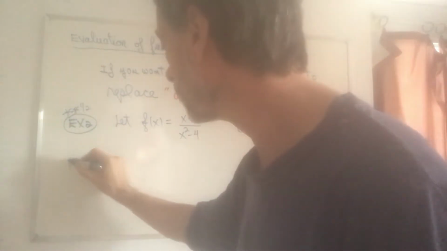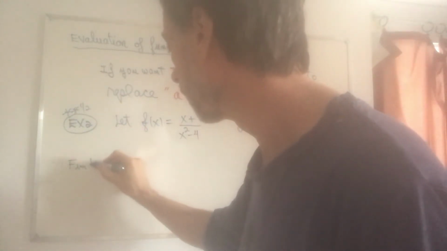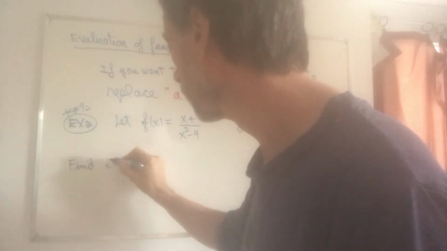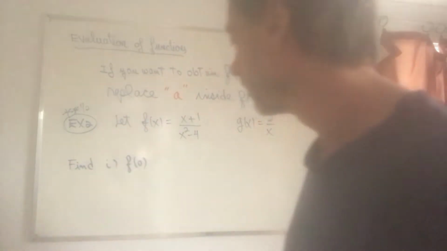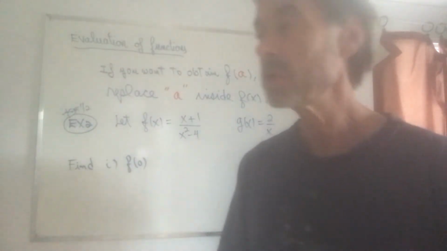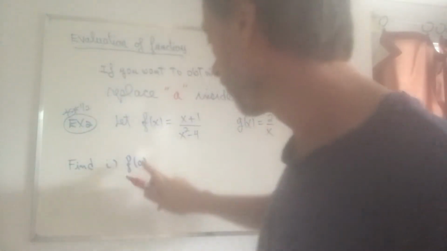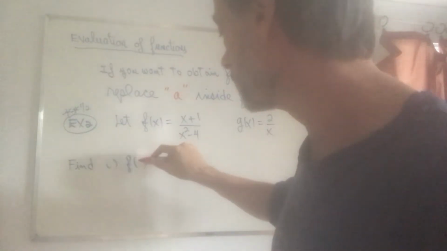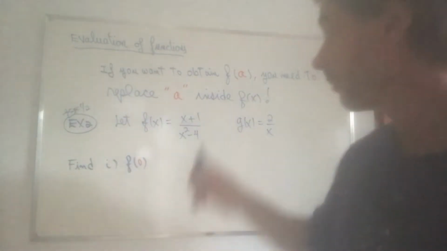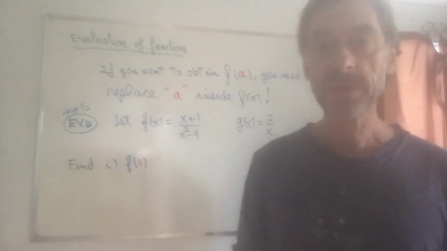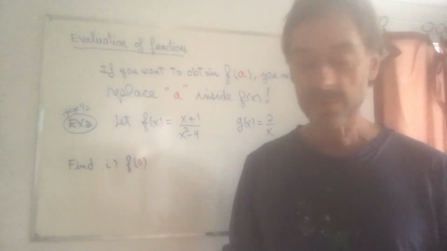So find, say, f of 0. How would you actually find f of 0? Well, that's simple. We've got to replace all the x's in the function by what? By 0, right?